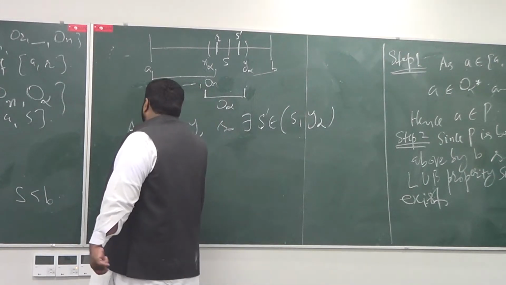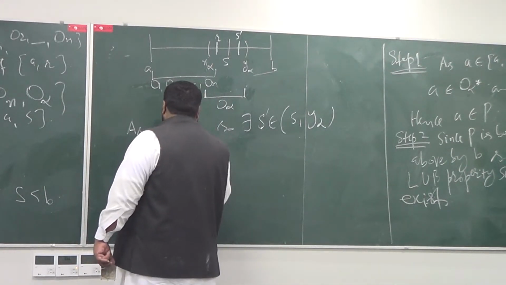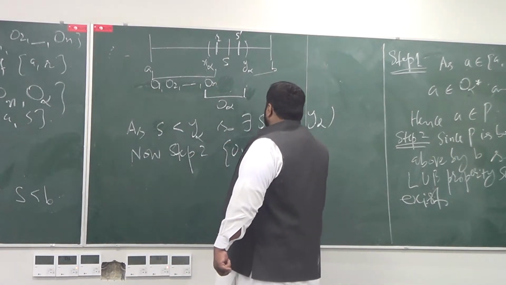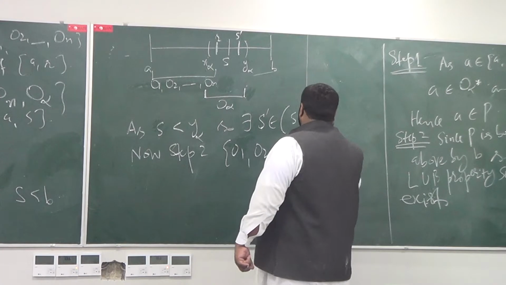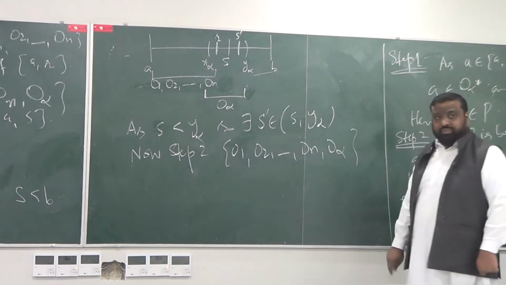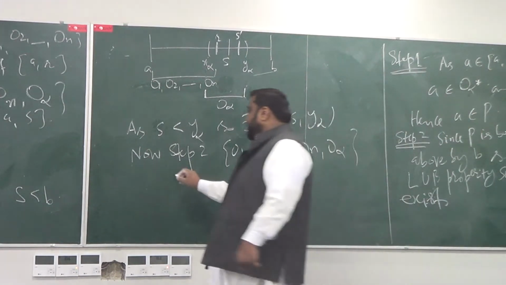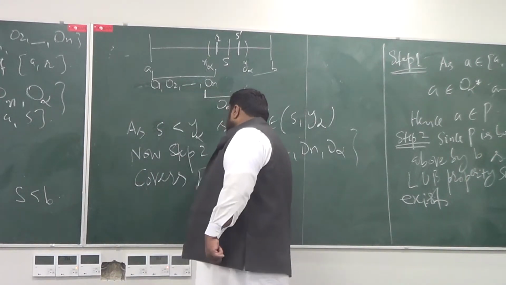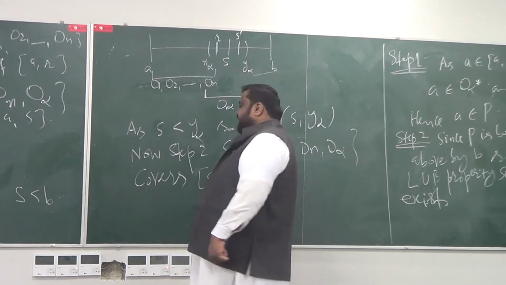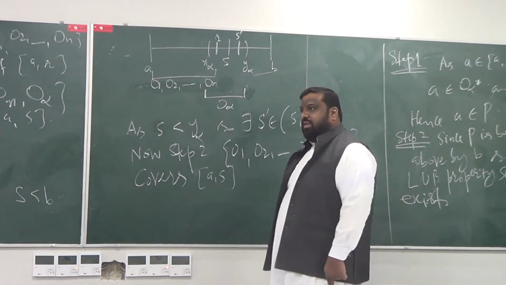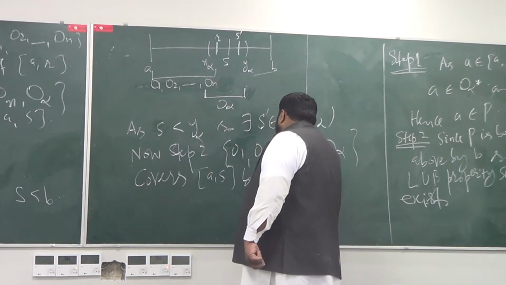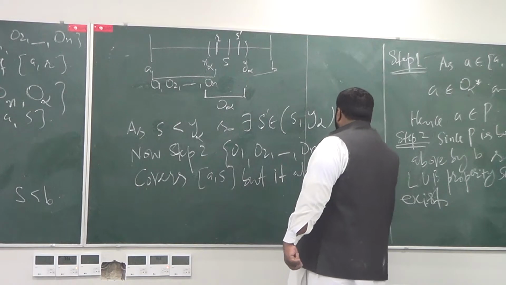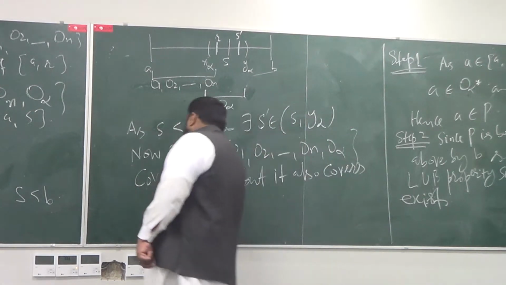Now, from step 2, O1, O2, On, and O alpha covers A to S, but it also covers A to S prime.